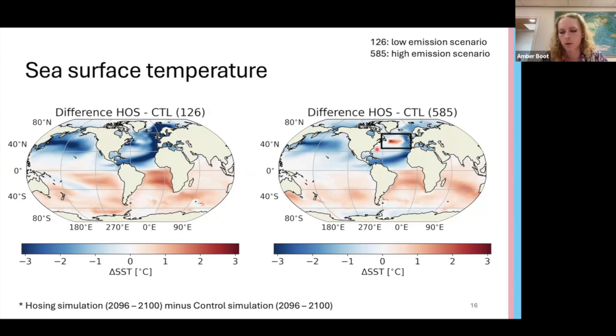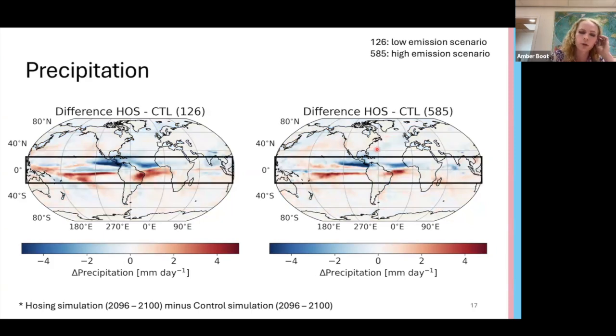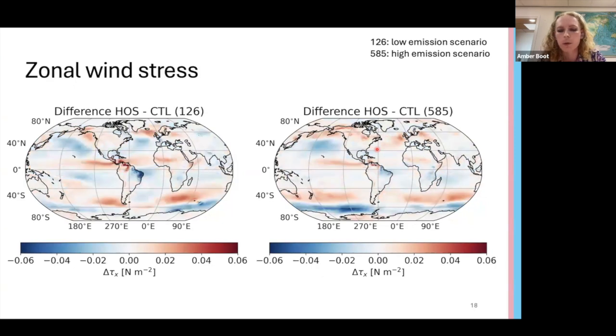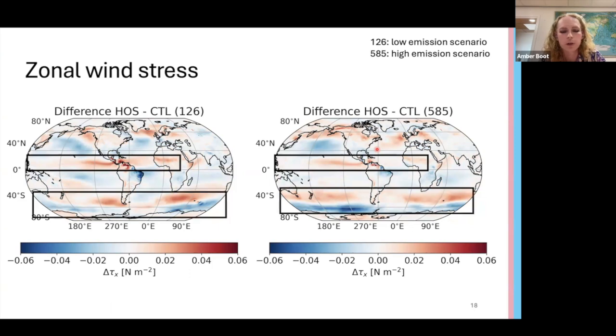Now, we also get some responses in the atmosphere. So we get changes in precipitation, for example. This is the southward shift of the intertropical convergence zone, which we expect following an AMOC weakening. We get changes in the zonal wind stress, for example, with an increase in the trade winds here, and a southward shift of the Southern Ocean westerlies.